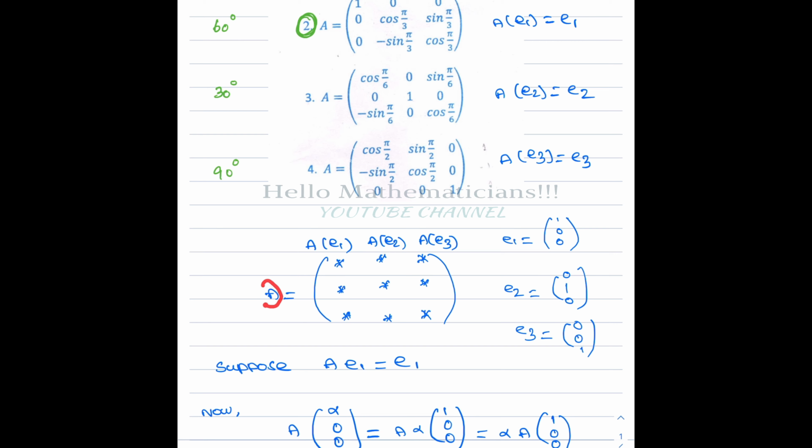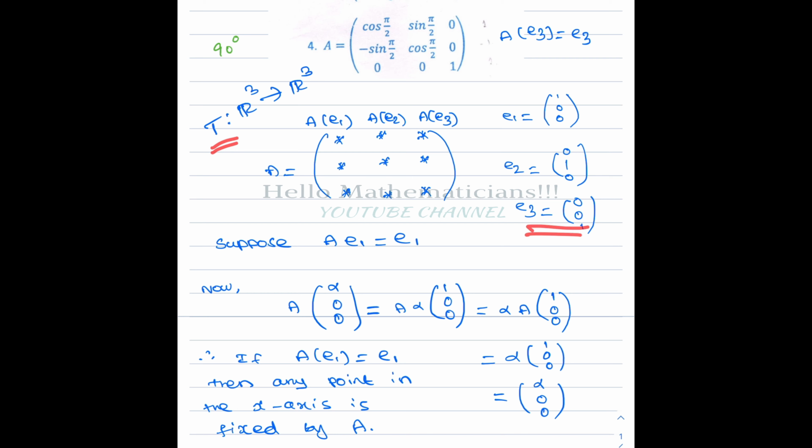Remember that even though A is a matrix, it is also represented as a linear transformation T from R cube to R cube. Then the first column is the image of E1 under the associated linear transformation, the second column is the image of the second basis vector E2, and the third column is the image of E3 under T. That's how we form the matrix of a linear transformation.